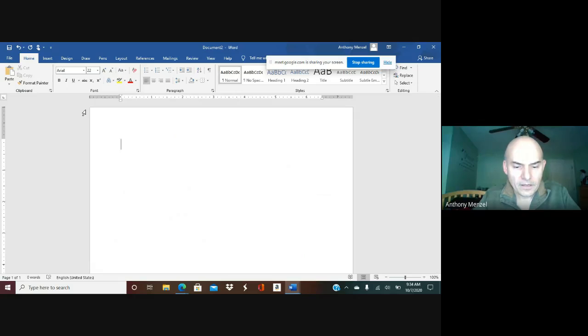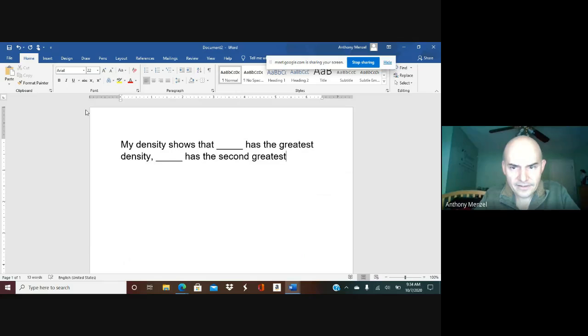My density graph shows that blank has the greatest density, blank second greatest, and so on, right? You can list the objects that you analyzed and what their order is for density.